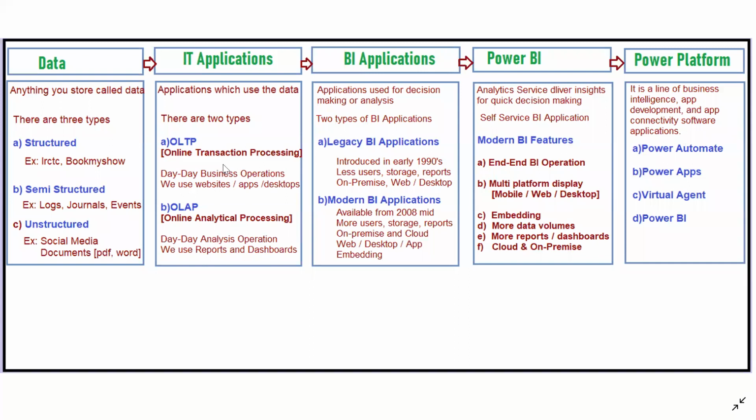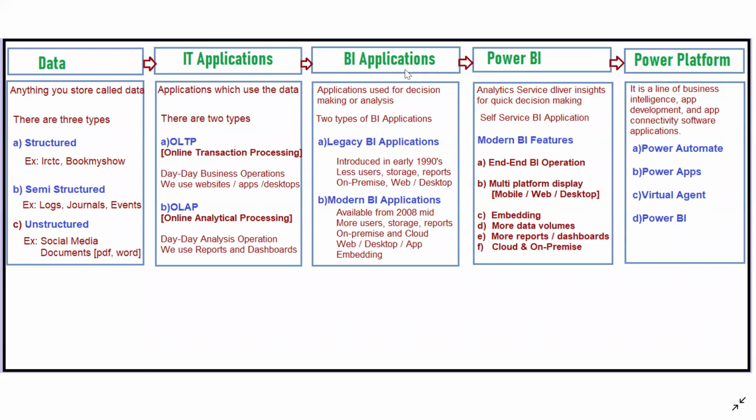For that, decision-making data creation. Analytical data to take decisions, whether to continue or stop, or increase or decrease products, etc. Those applications come under OLAP applications. As they provide intelligent data to the business, we call them BA applications. So IT applications' second major classification is BA applications.